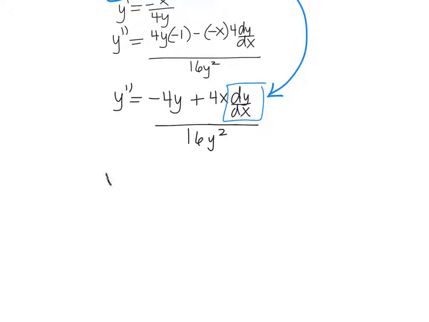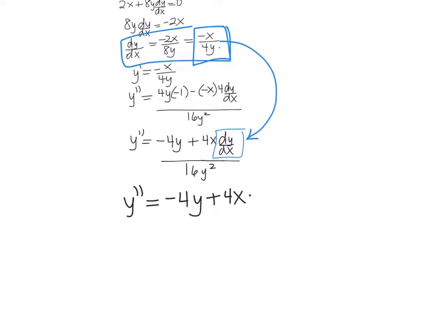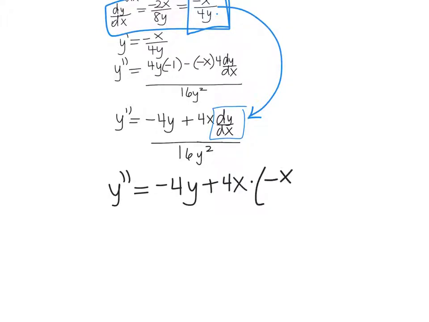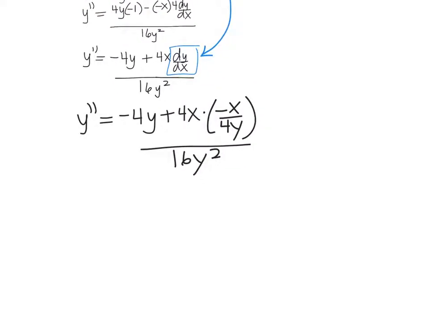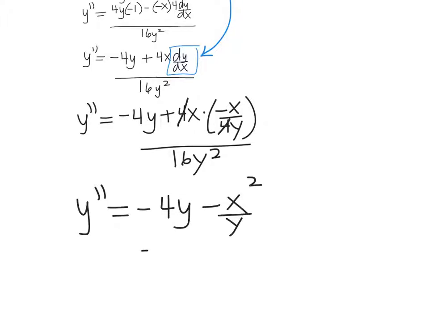So y double prime equals negative 4y plus 4x times negative x over 4y, and this is all over 16y squared. Okay, now let's go ahead and simplify this. The 4's can reduce, and we have y double prime equals negative 4y minus x squared over y, all over 16y squared.